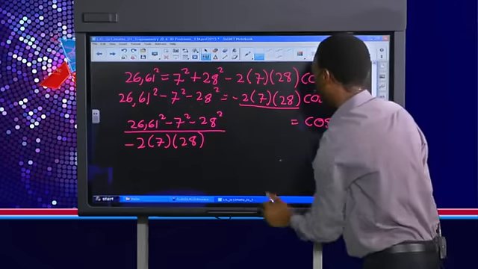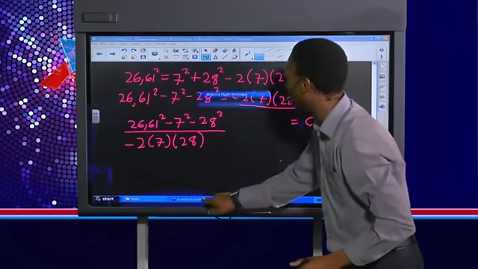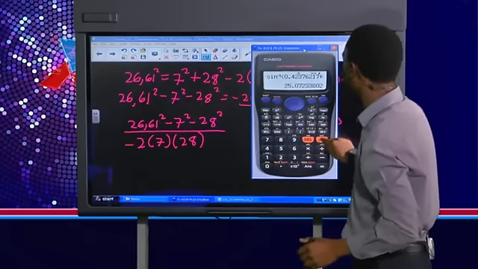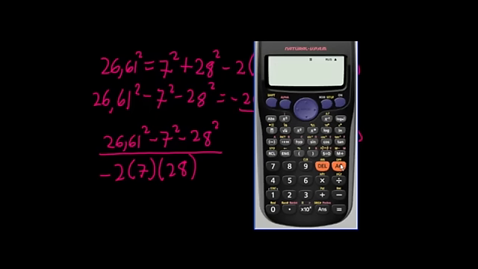All right, let's bring up our calculator. So it's going to be 26.61 squared minus 7 squared minus 28 squared, and we're dividing all that by negative 2 multiplied by 7 and multiplying that by 28.